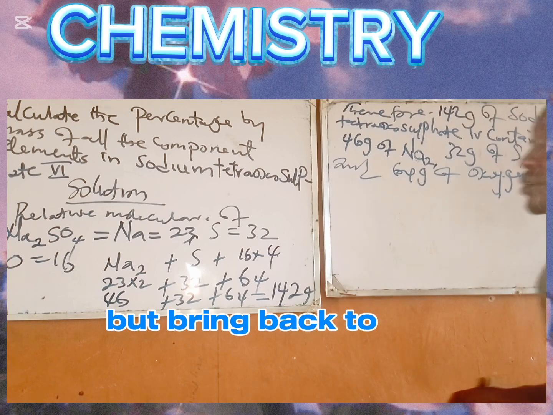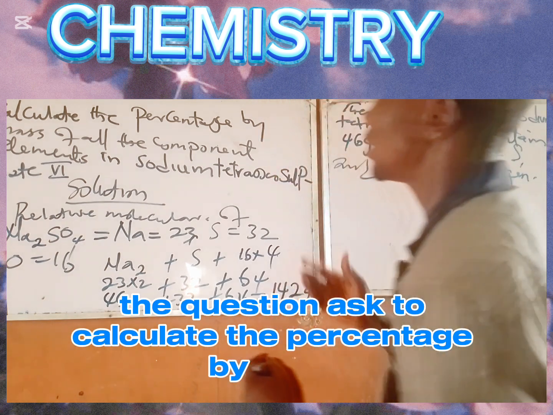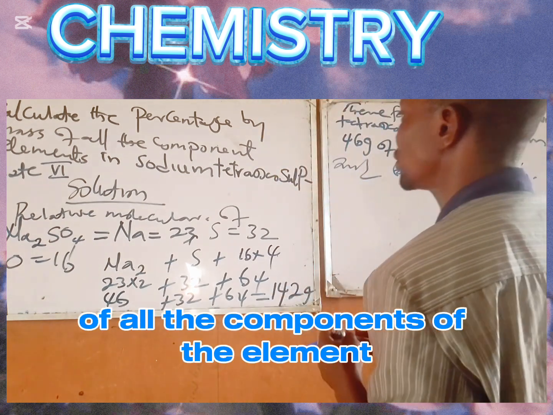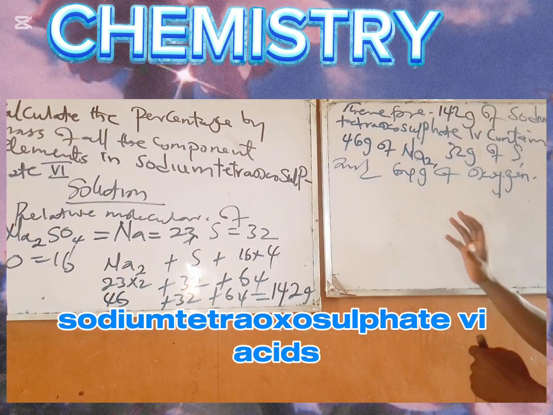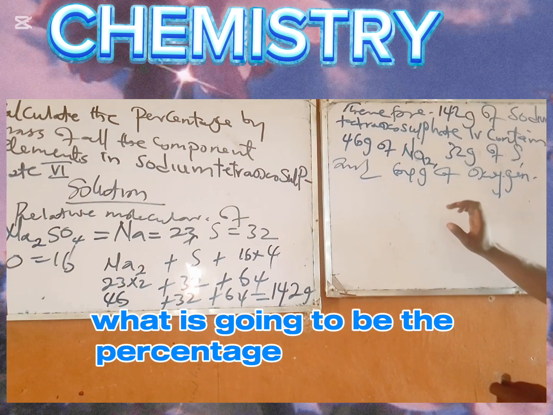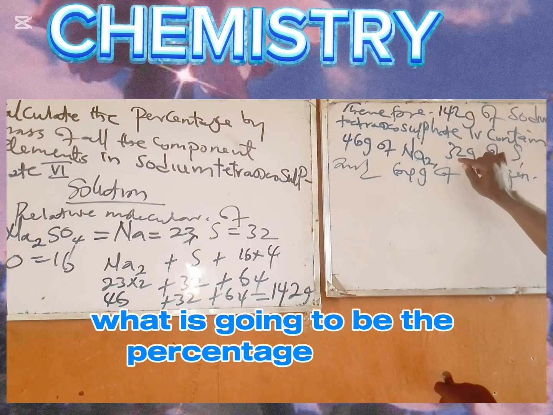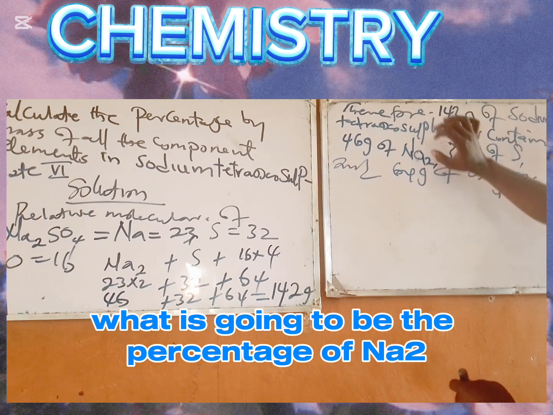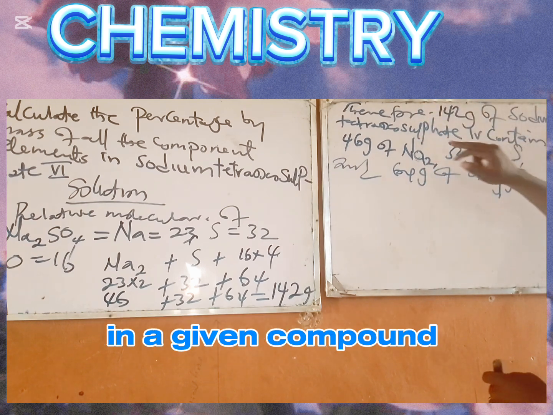But going back to the question, it says calculate the percentage by mass of all the components of the element sodium tetraoxosulfate 6 acid. So we want to know the percentage in grams. What is going to be the percentage of Na2 in the given compound?